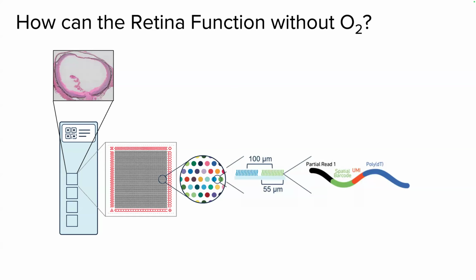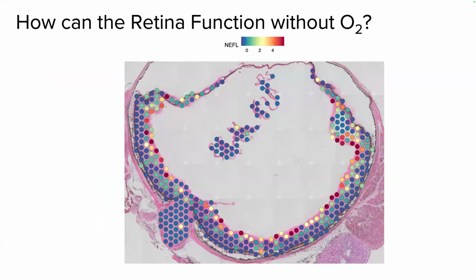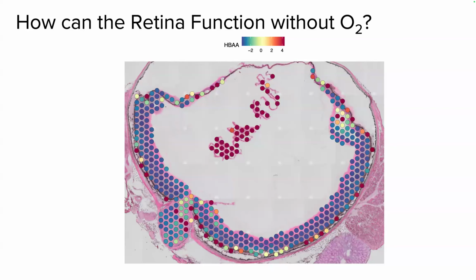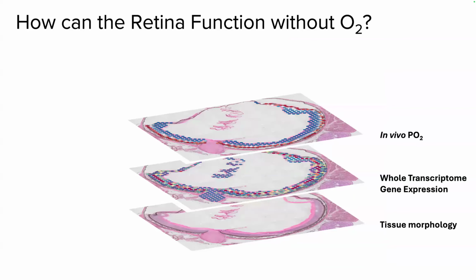We can cleave off the molecules, send them for sequencing, and then we get maps of gene expression for all the genes being expressed in this tissue, where we can see how they're distributed in tissue space. For these zebra finches, we got around 5,000 different genes, distributed at a 55 micrometer resolution within the tissue.